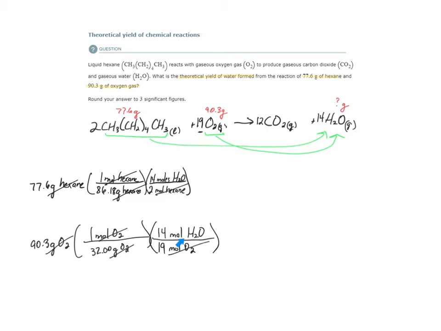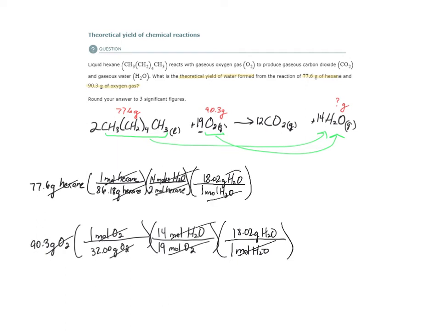I know how many moles of water I'll make from 90.3 grams of oxygen. But again, let's multiply by one more conversion factor to convert from moles of water to grams of water. 1 mole of water is 18.02 grams. So now my units are grams of water, so I know to stop.